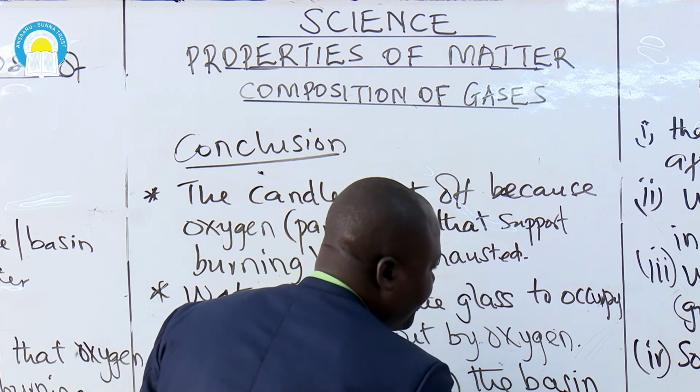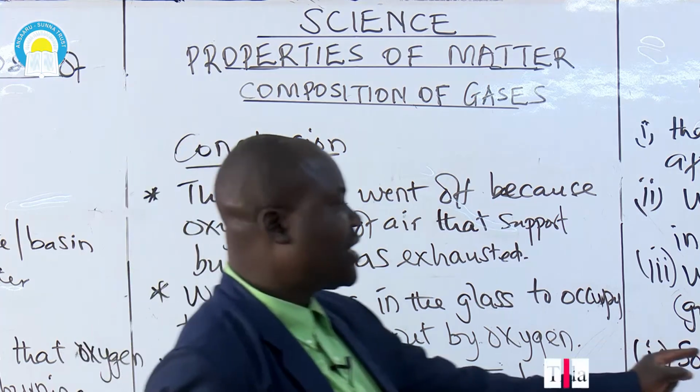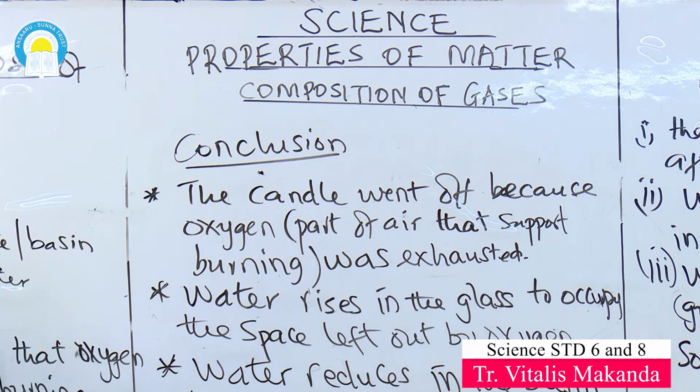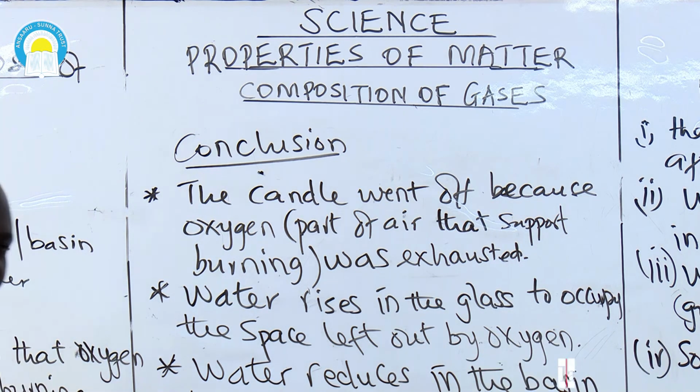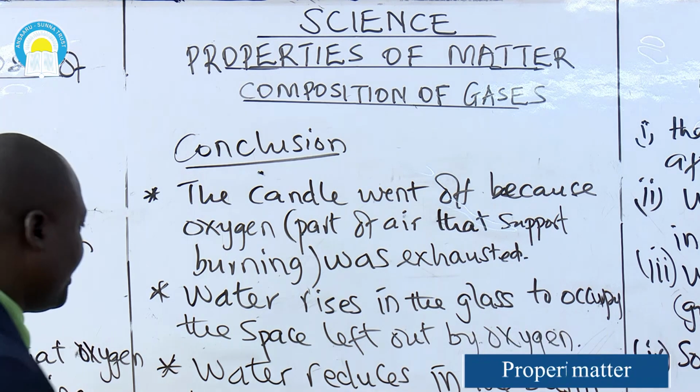Then why do you think this white smoke was there? The white smoke was seen in this glass, demonstrating that the amount of air in the glass that is now more is carbon monoxide.